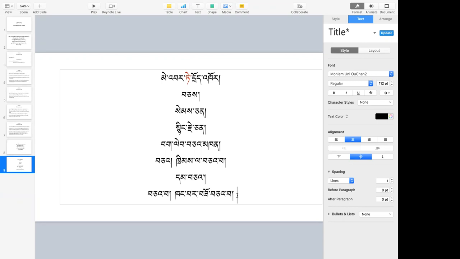Any class which comes either on the eve of Losar or before that would be the last class, after which we will continue after the Losar.